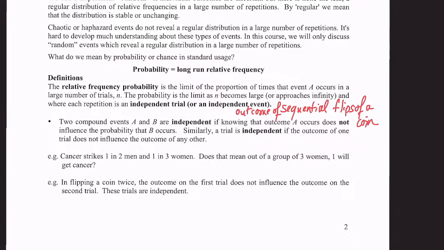What it means is if you have many women, so usually we're talking about populations, then about 33%, which is 1 out of 3, will get cancer in the long run.